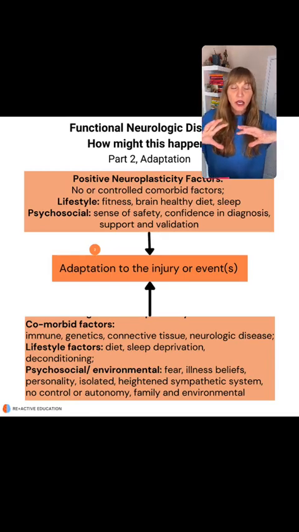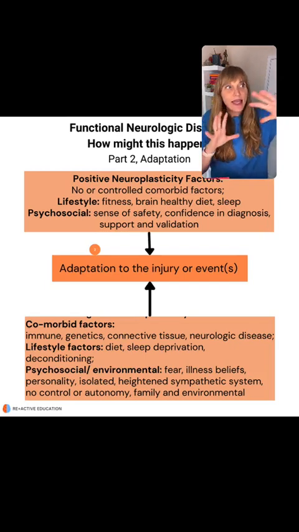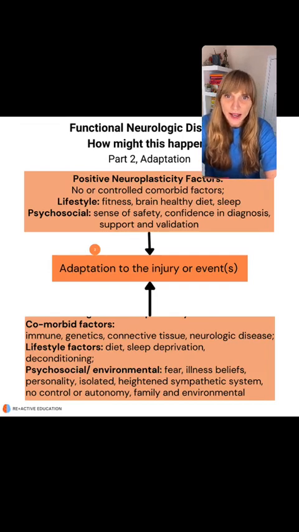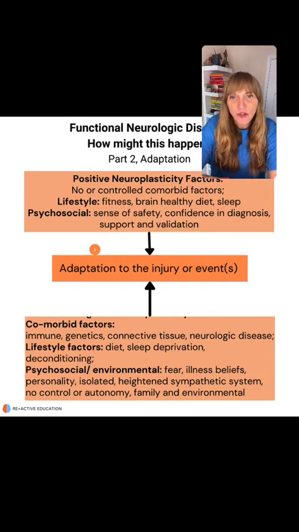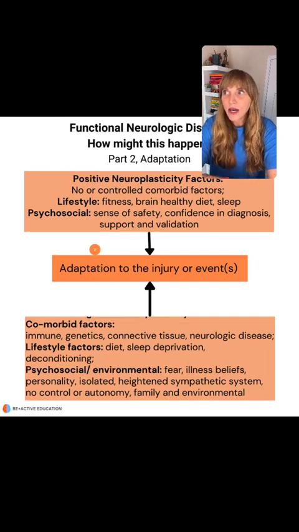So there might be other conditions that are leading to that neuroplasticity gone awry. There might be psychosocial or environmental issues. Maybe you had that car accident, you were left alone for hours. Maybe you had the car accident, and after you got home, your family said, well, you're fine, it was just a car accident.